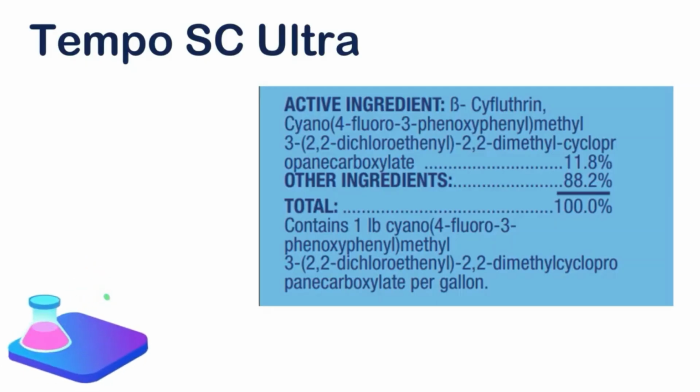Our next product is going to be Tempo SC Ultra, which is a suspension concentrate. Active ingredient is going to be beta-cyfluthrin cyano 4-fluoro, phenoxyphenyl methyl 3-2,2-dichloroethenyl, 2,2-dimethyl, cyclopropane carboxylate, 11.8%.